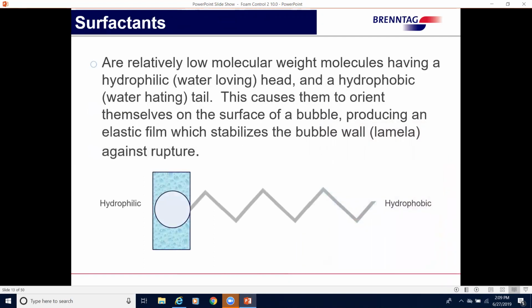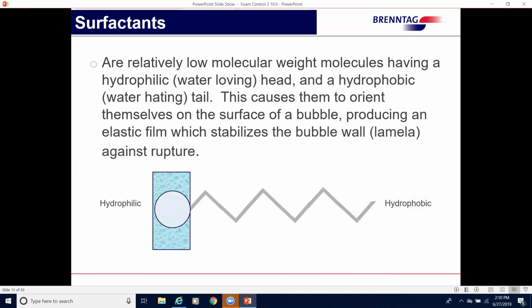So why do surfactants cause foam? In order to understand that, you first have to understand what a surfactant is. Surfactants are relatively low molecular weight molecules that have a hydrophilic, or water-loving, side and a hydrophobic, or water-hating, side that causes them to orient themselves on the surface of a bubble.